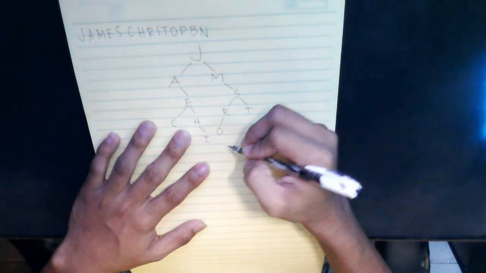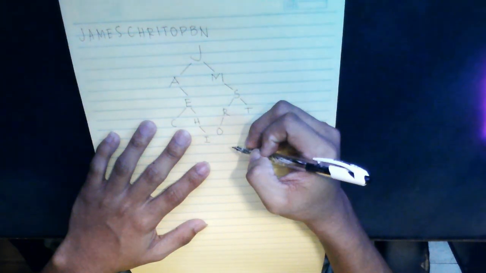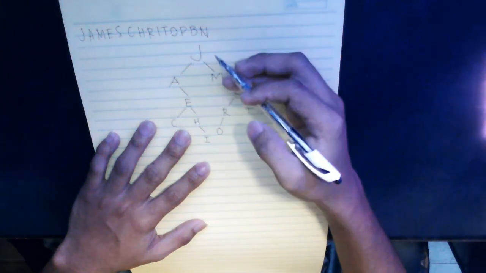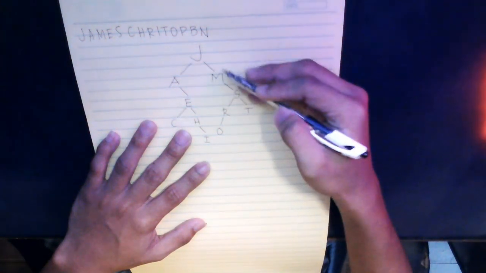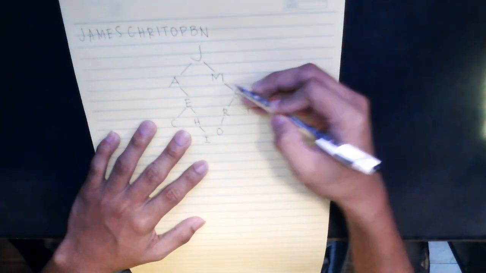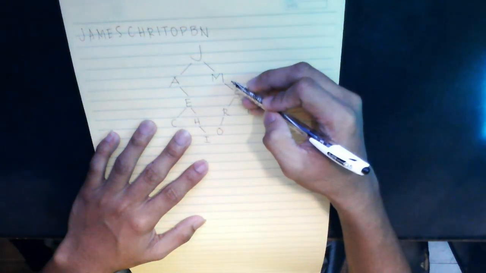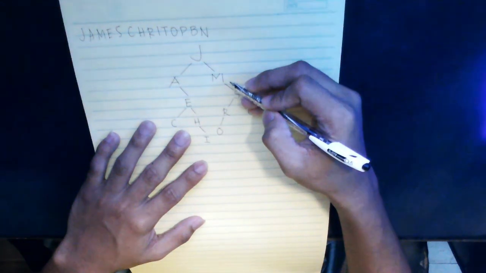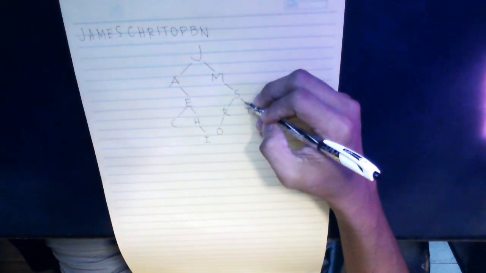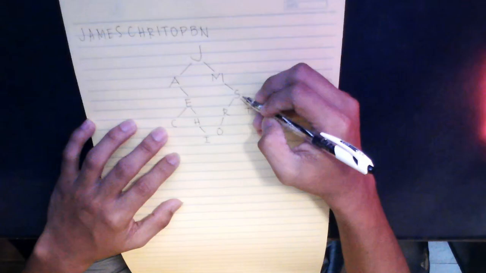Next letter is letter P. P is greater than J. So it's going to the right child, which is occupied by M. P is greater than M, so it's going to the right side as well.